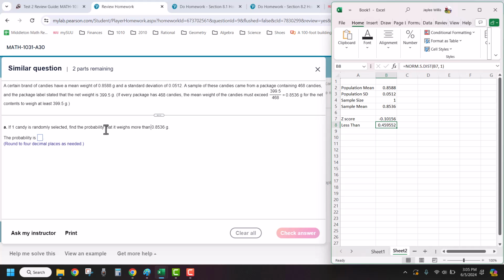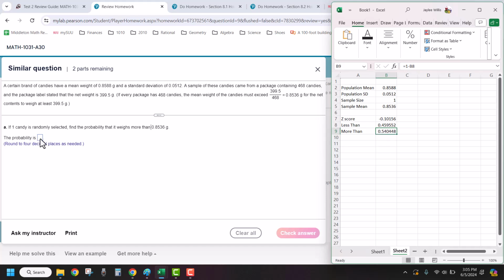But the question asked, find the probability that it weighs more than this amount. So to find the more than calculation, I'm just going to take, whoops, I need to do an equal sign, 100% minus the 45% that is less than. And that tells me that about 54% is the probability that my single random candy weighs more than this.